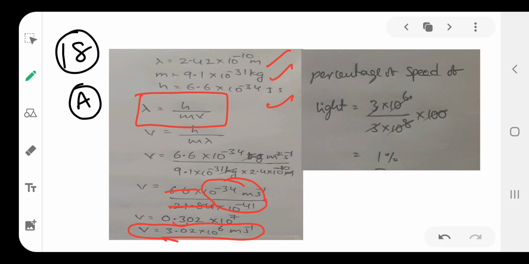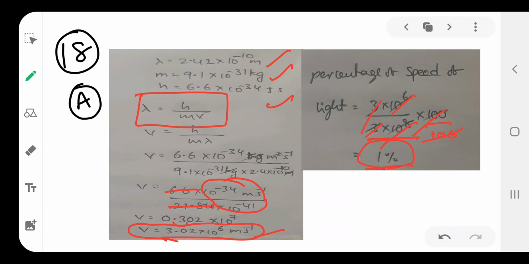So this is the velocity. Taking that velocity as a percentage: the normal light velocity is 3 into 10 power 8, but the obtained velocity is 3 into 10 power 6. So 3 into 10 power 6 divided by 3 into 10 power 8 into 100. The 3 cancels, 10 power 6 over 10 power 8, then the remaining 10 power 2 is 100. 100 cancels, which means only 1%.